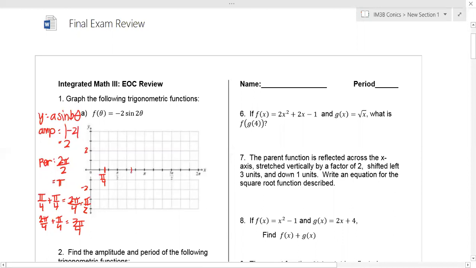And then that's going to give us 1 full cycle if we add pi over 4 again. So that gives us 4 pi over 4, which is pi, which is the end of that.